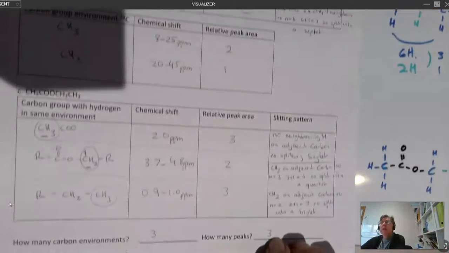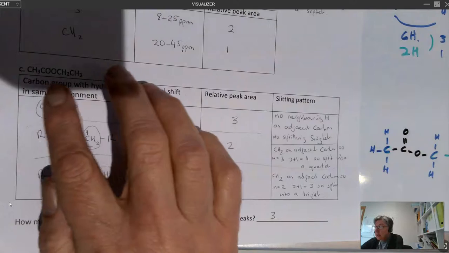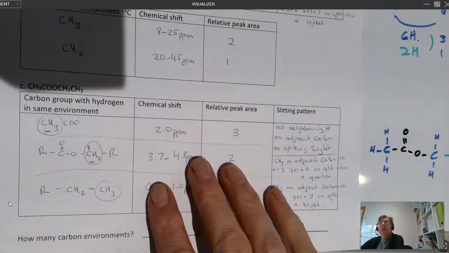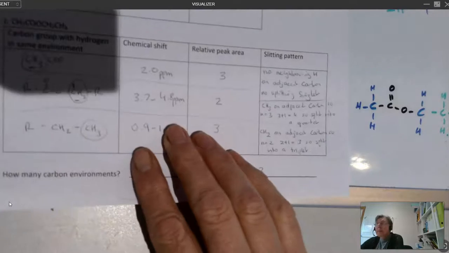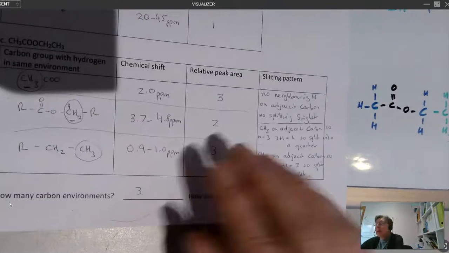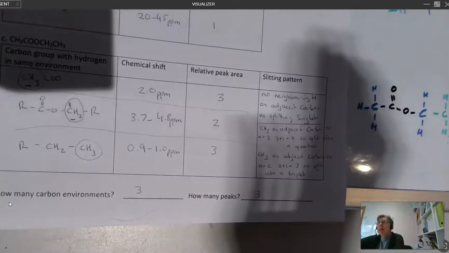If we do ethyl ethanoate, if I draw ethyl ethanoate out here, then we've got 3 different hydrogen environments.